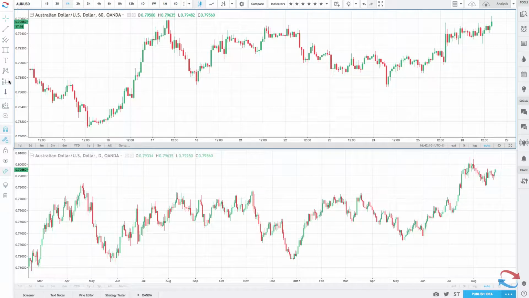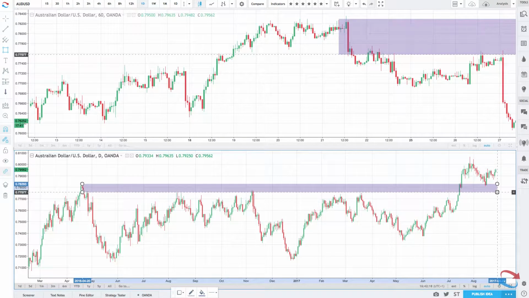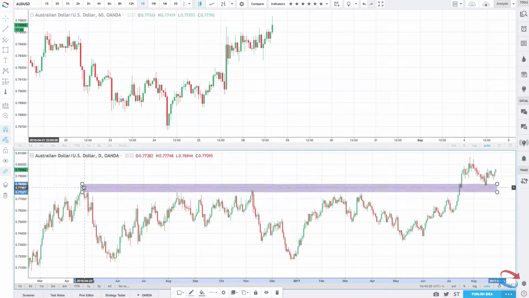So we have a level of support and resistance here, right? So we've got a level here, prices come up, so we've got resistance a few times, barely touches, and we've got another one there, a few times here, then prices break through, and then prices come down here.